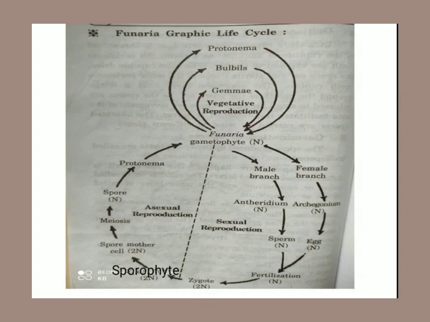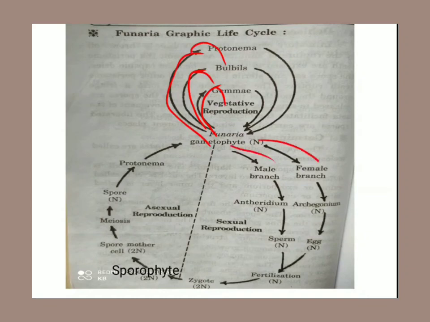Funaria has two types of reproduction: vegetative reproduction, in which gemmae, bulbils or protonema form, and sometimes sexual reproduction.